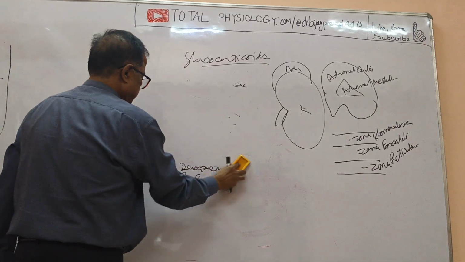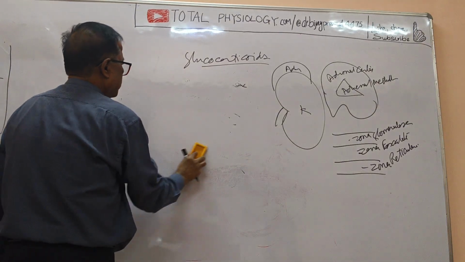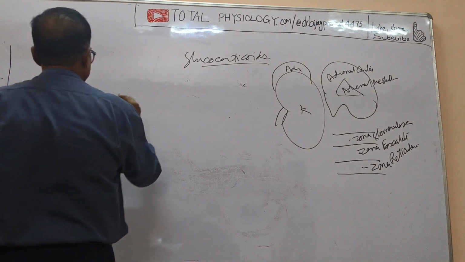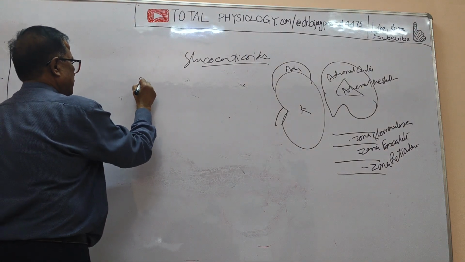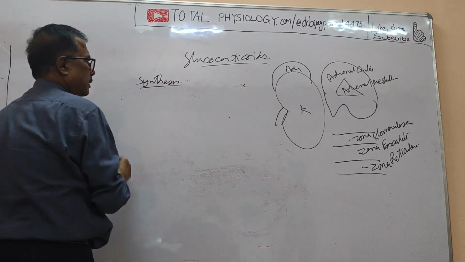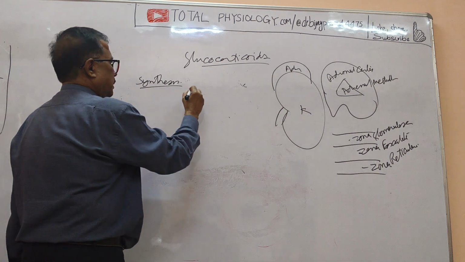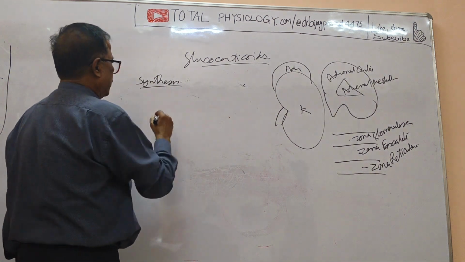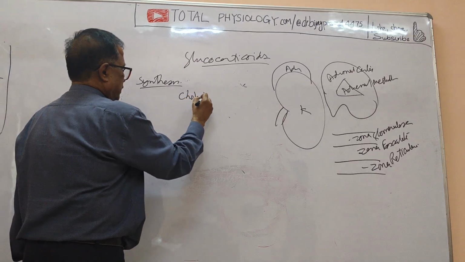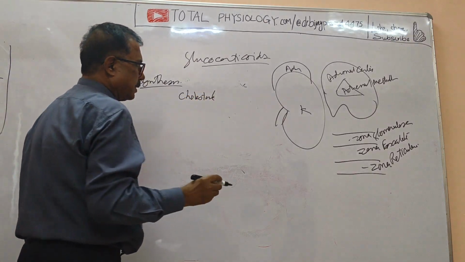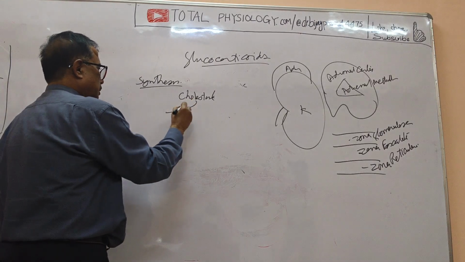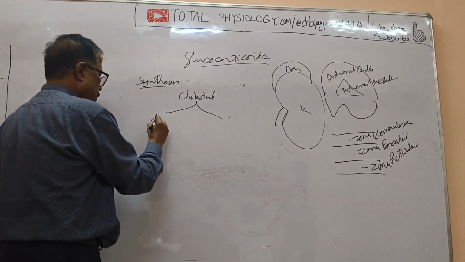Now, secretion or synthesis of glucocorticoids. Synthesis of glucocorticoids occurs in the cells of zona fasciculata. The basic substance is cholesterol. There are two sources of cholesterol. First is de novo.